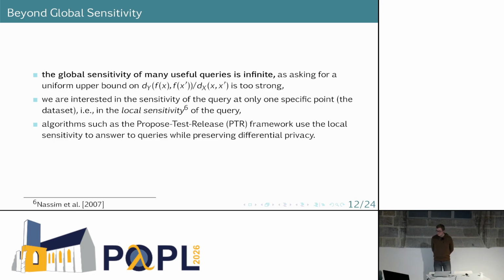And it's interesting to study because it also can be used for differential privacy. It is slightly more complex. You have to use frameworks such as PTR. There are also other ways of doing it, but the only thing to know for today is that it is also useful in the context of privacy preservation.